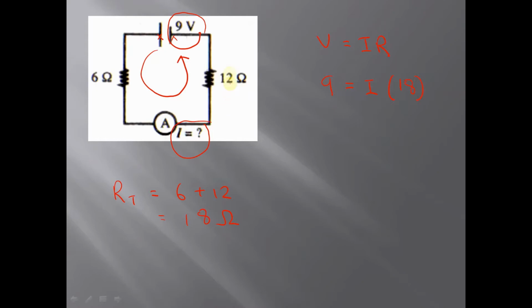So remember, setiap kali kamu masukkan nilai dalam bateri, you have to put the total resistance value. Okay, remember that. So the current is going to be 0.5 ampere. Itulah jawapannya.